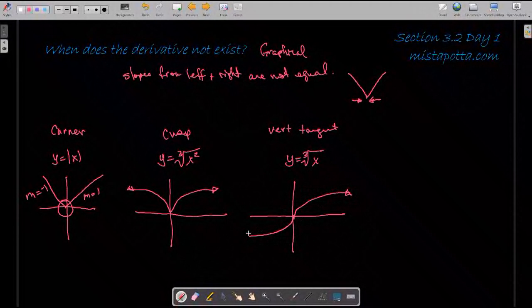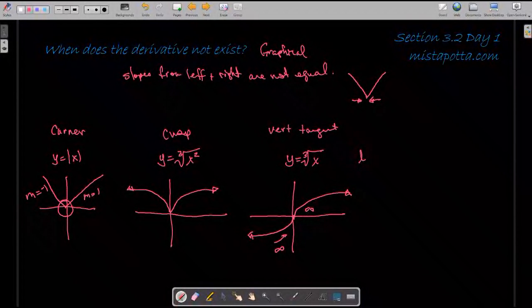And the thing is, as I approach 0 from the left, my slopes are actually approaching positive infinity. And the same thing's happening over here. So even though the limit of these slopes is approaching positive infinity, positive infinity is not a well-defined number.